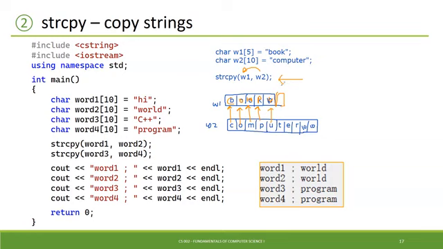So before you copy a string, if you copy one string from another, at first you should know the size. You should check the size. If there is not enough space, then string copy doesn't work, and maybe you get an error. Is it okay? Any question about this?